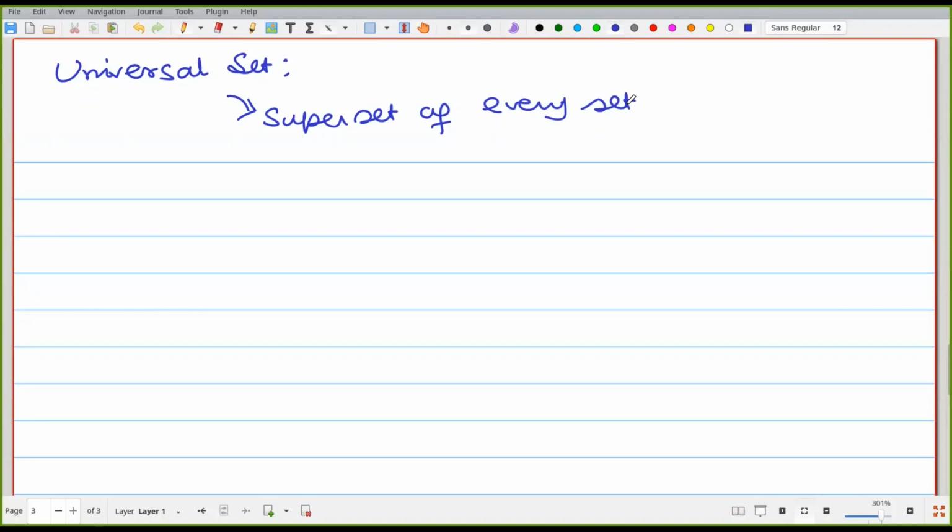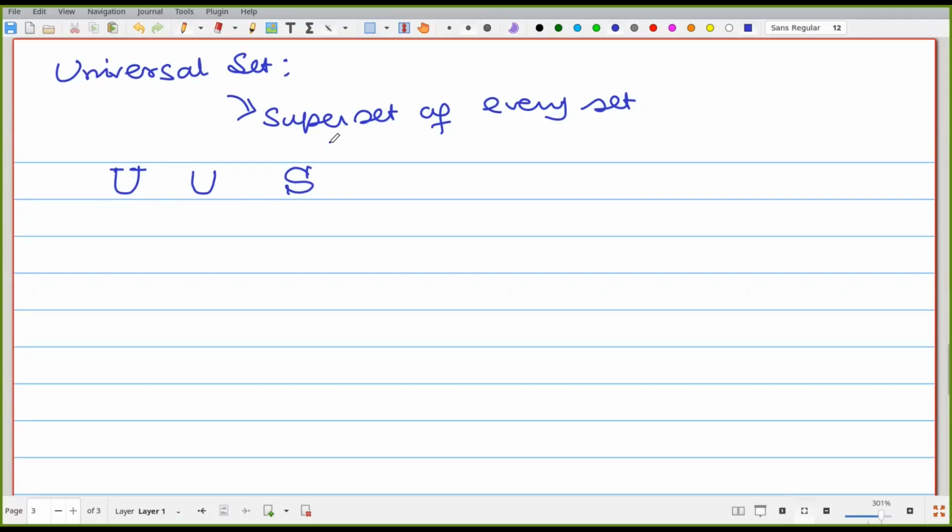As like the term universe, or we have universal. So that is written in the form of capital U, or sometimes capital S. So universal set means the superset of every set. Each and every element which is present in any set must belong to the universal set.